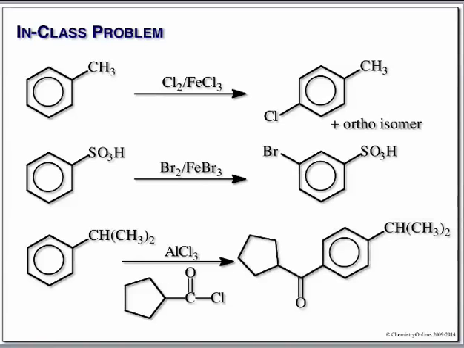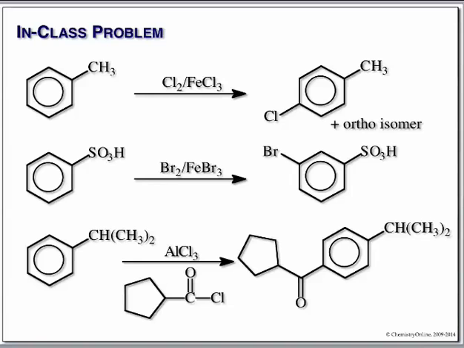The important things to remember about electrophilic aromatic substitution is the nature of the mechanism. Make sure you can draw the intermediate for the electrophilic addition. You need to understand the driving force for the loss of that proton, and that is to regain aromaticity. We're looking for electrons in this reaction.